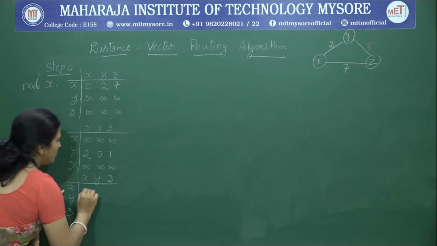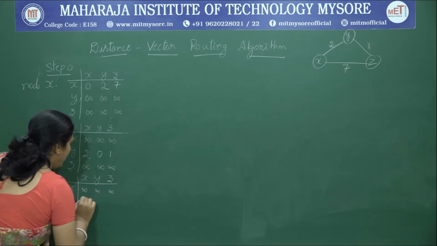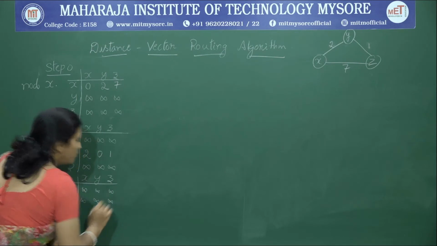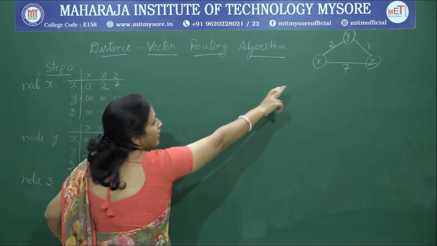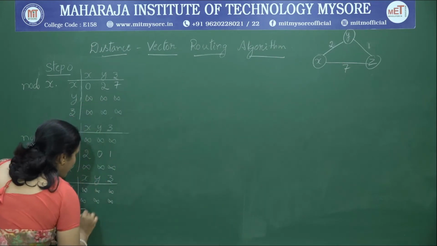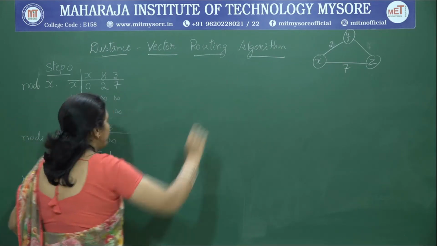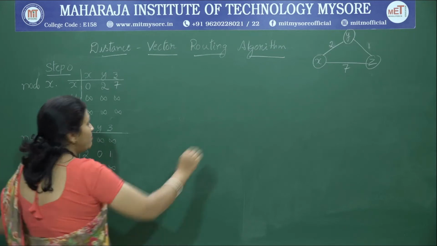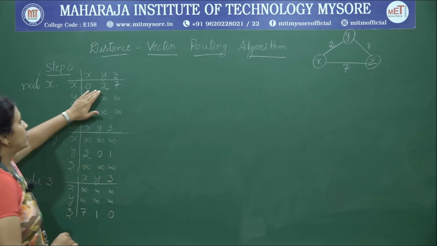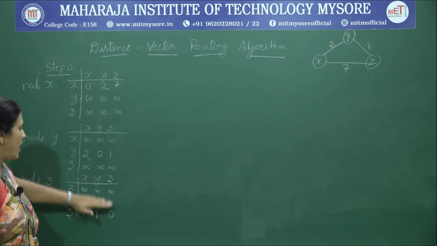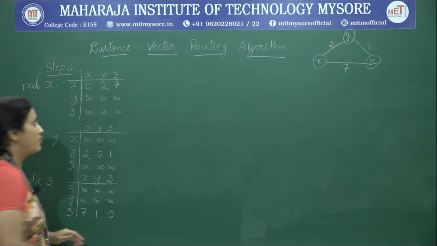And then for z, from z to x we have 7, from z to y it is 1, from z to z it is 0. So, this is the distance vector that we have at the initialization step.